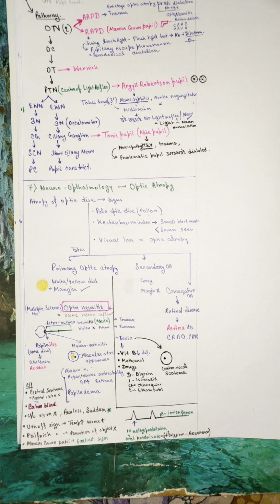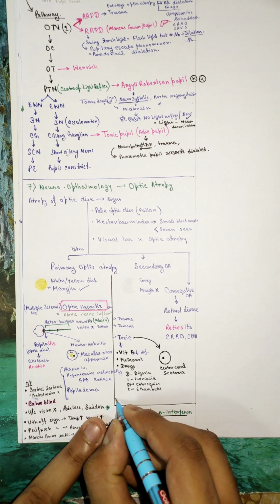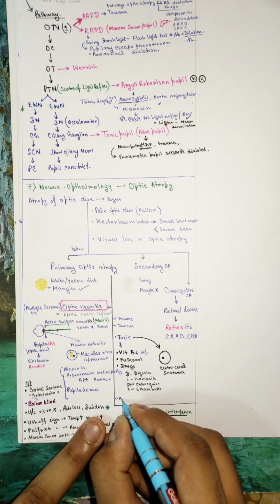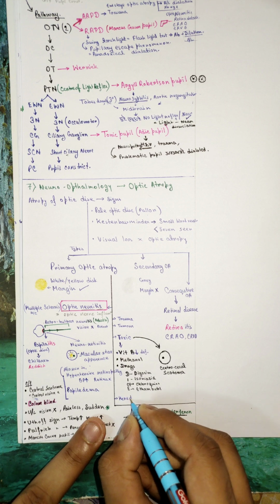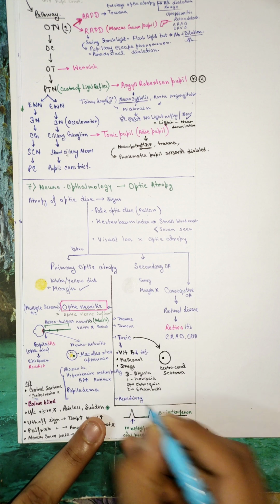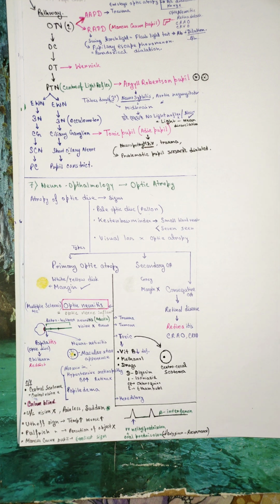Last is obviously hereditary. Hereditary optic neuropathy. How will we understand it?